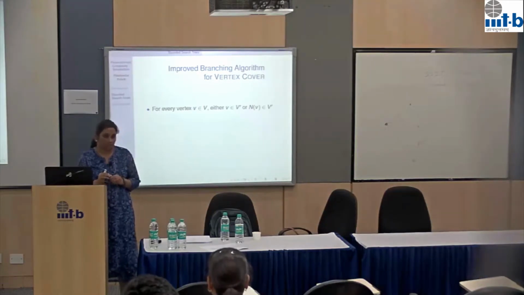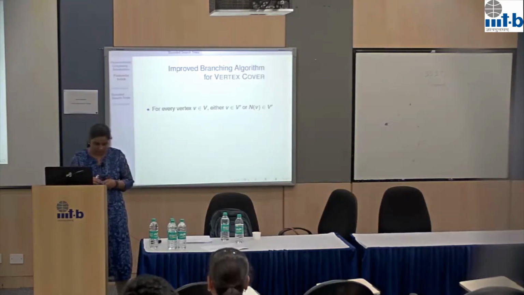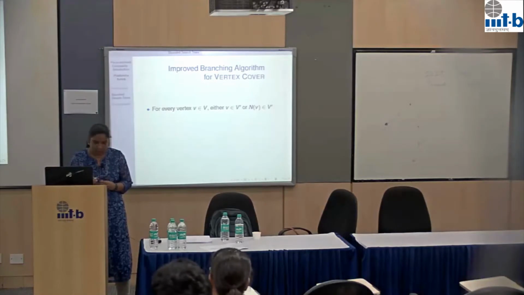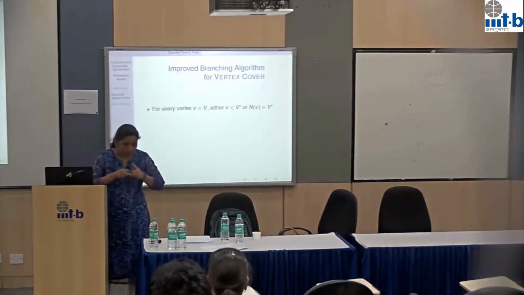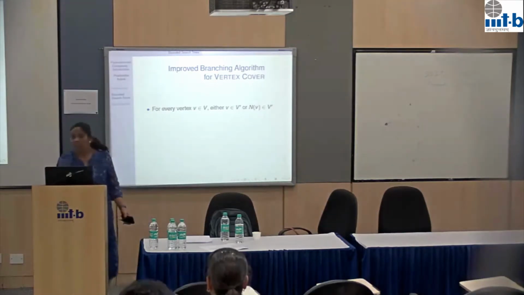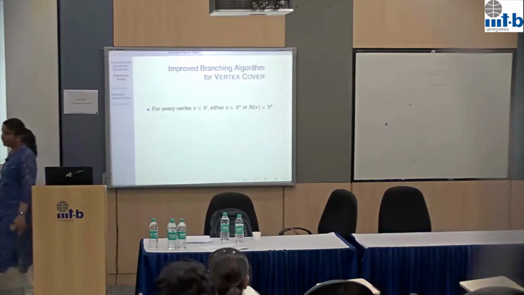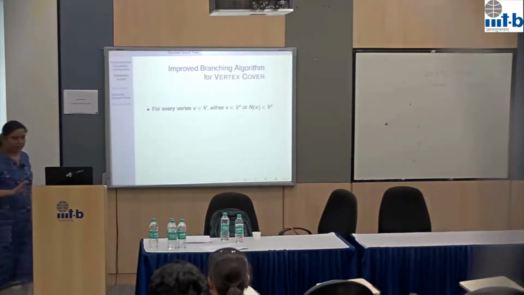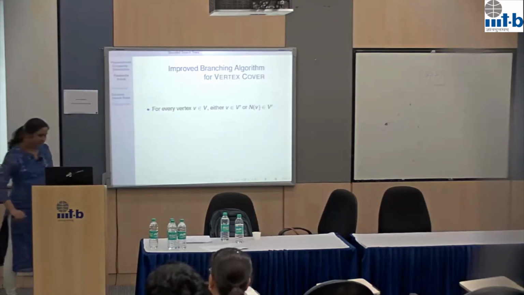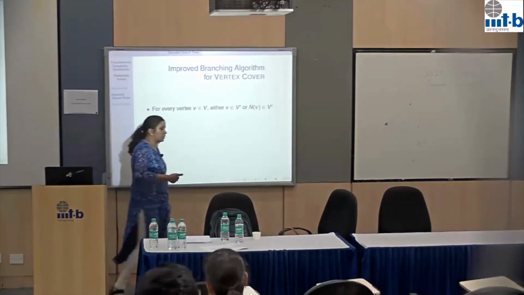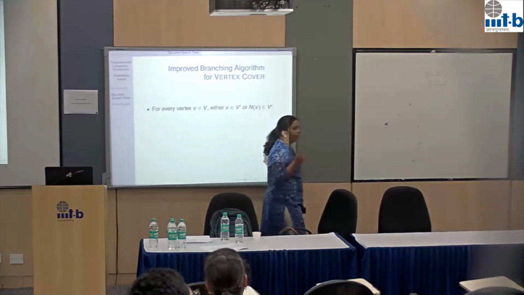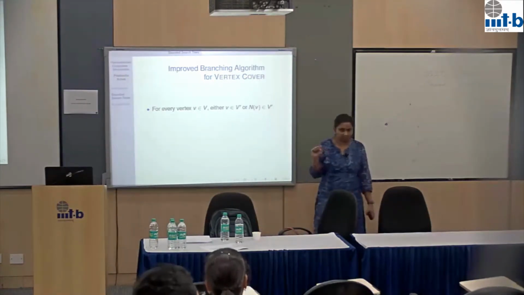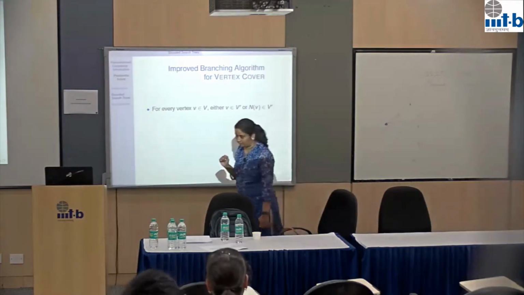For each vertex V, on one branch we'll add V to the vertex cover, and on the other branch we will add all its neighbors. It's very similar to the previous algorithm, but the idea is, can we improve the running time by reducing the size of the search tree?